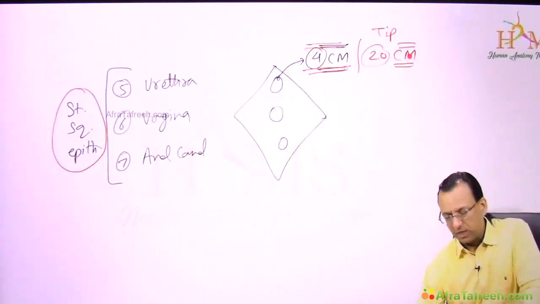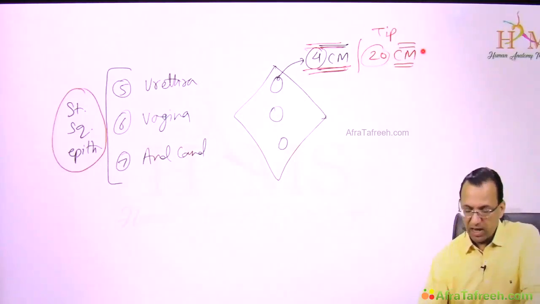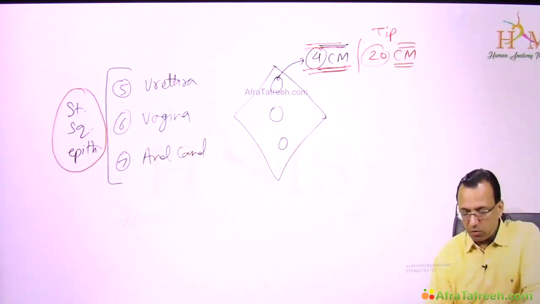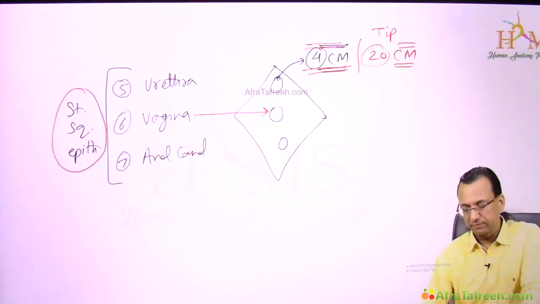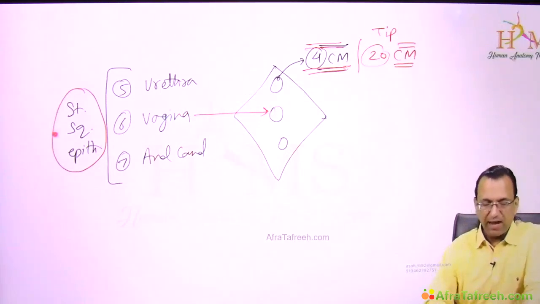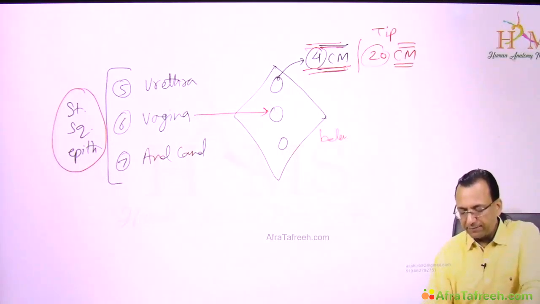And what is that? That we'll find out by drawing a diagram. But at this moment, just remember, if it is an opening, then it is stratified squamous. What about the vagina? We already know the entire vaginal epithelium is stratified squamous epithelium. What about the anal canal? Anal canal below the pectinate line, below the dentate line.